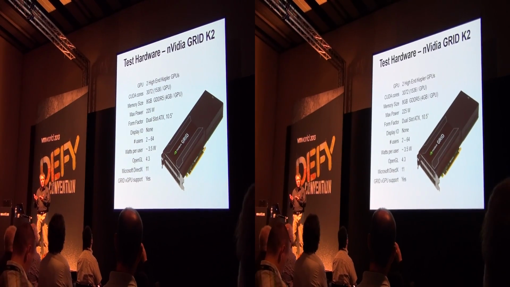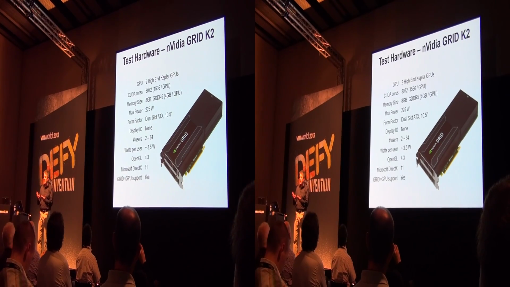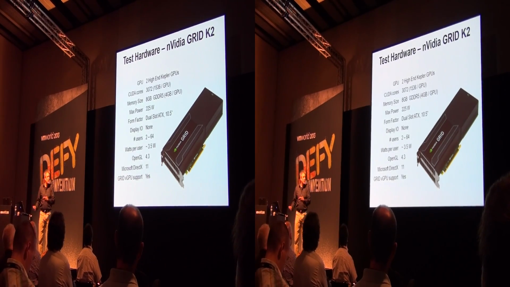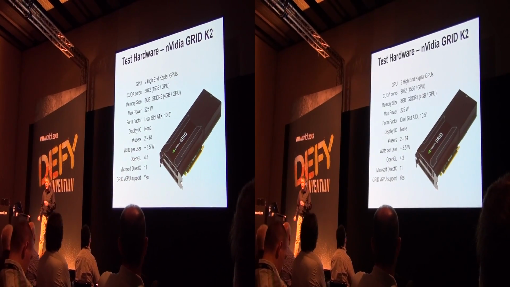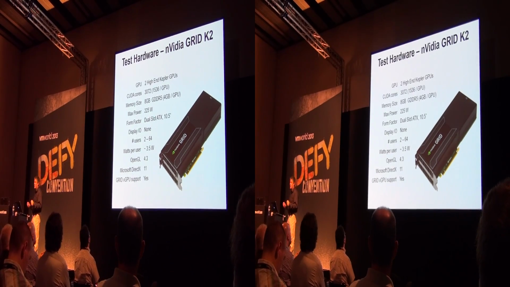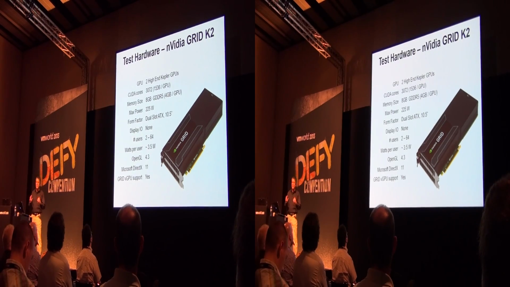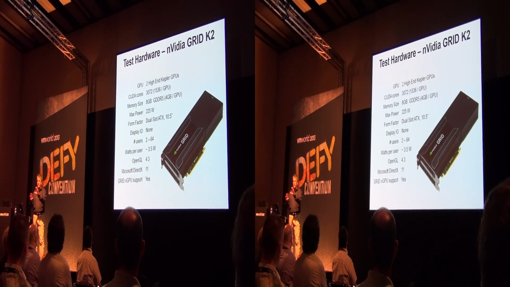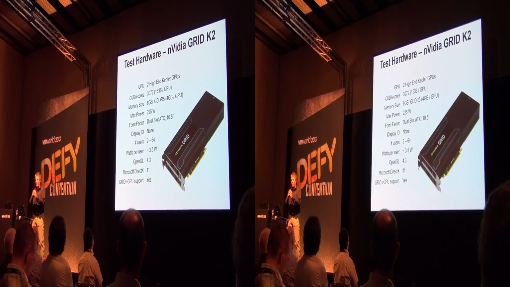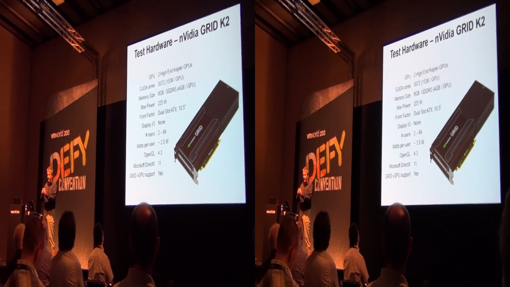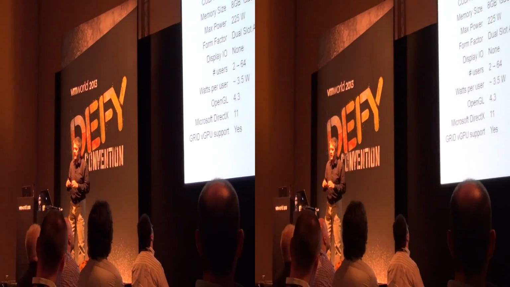It's the one that you also get in the high-end gaming cards now. A K2 costs roughly $4,000 these days, and it comes with 2 Keplers. The K1 comes with 4 Keplers, but they are lower density. They are the entry-level Keplers, while these are the high-end Keplers.